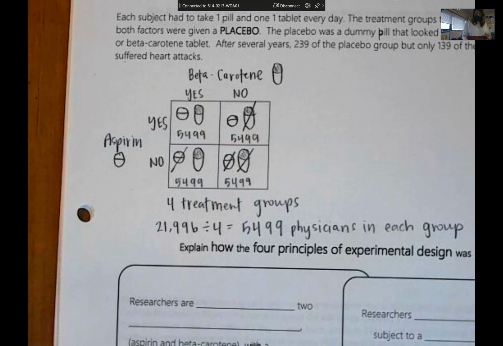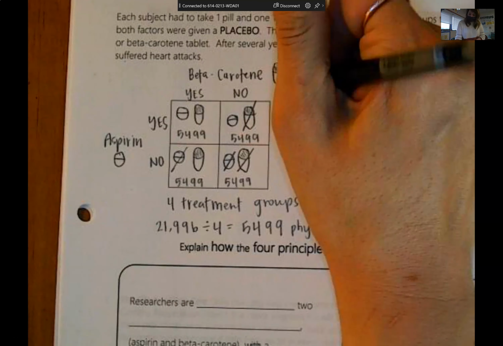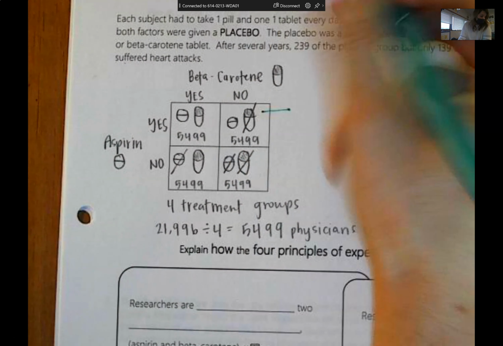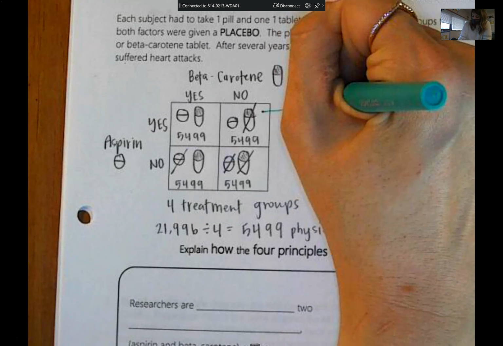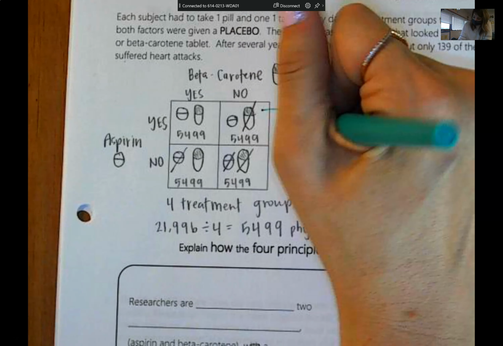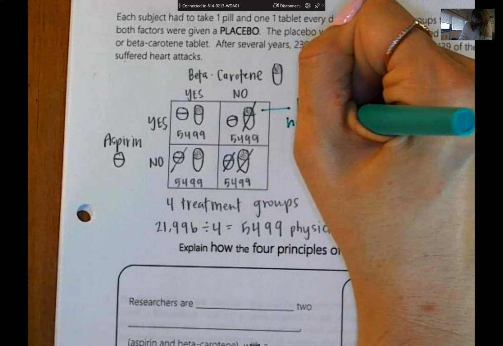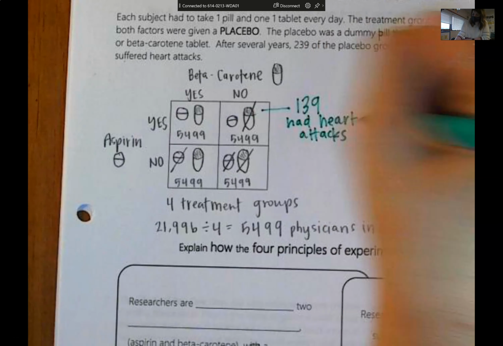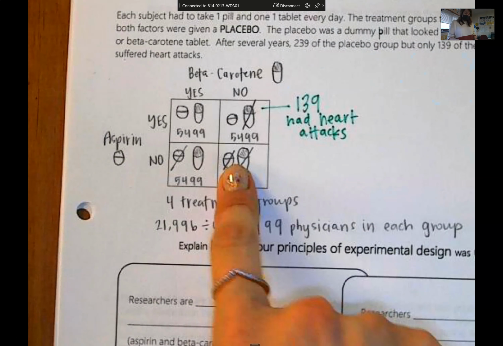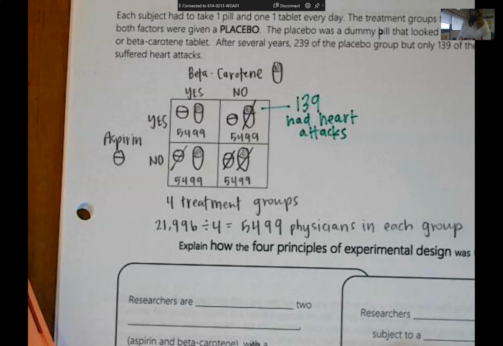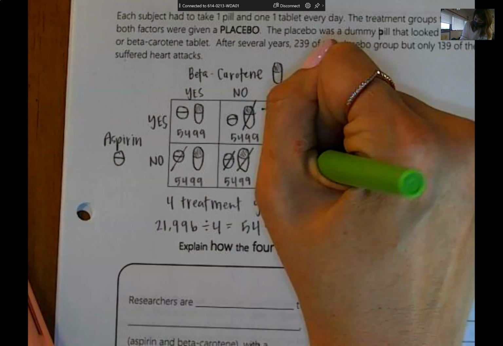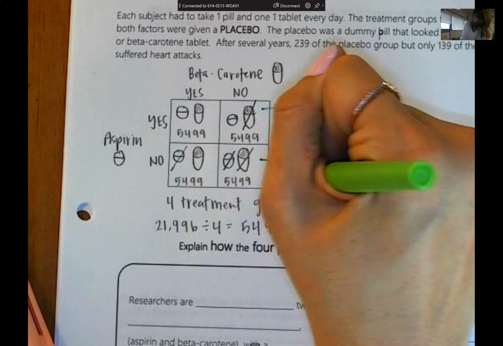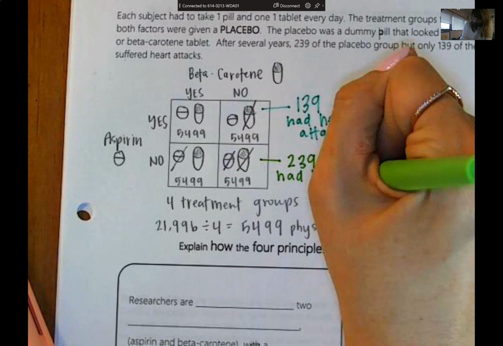And at the end, the results were that from this group, 139 had heart attacks. And in the bottom right-hand group, 239 had heart attacks.